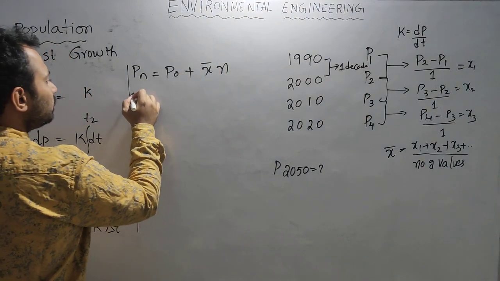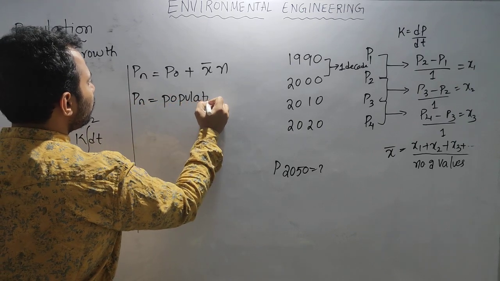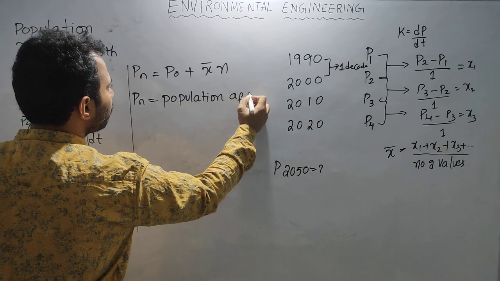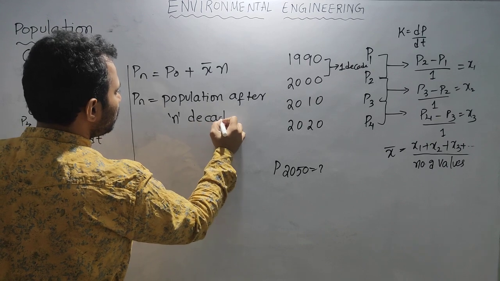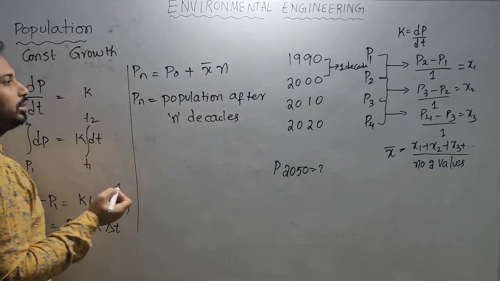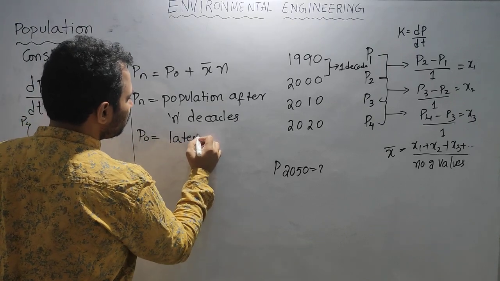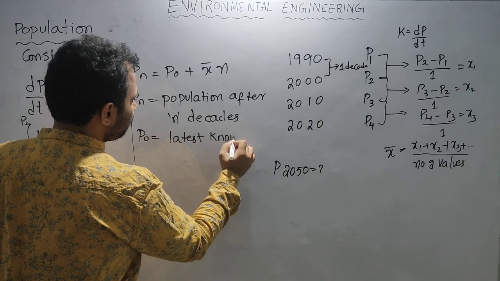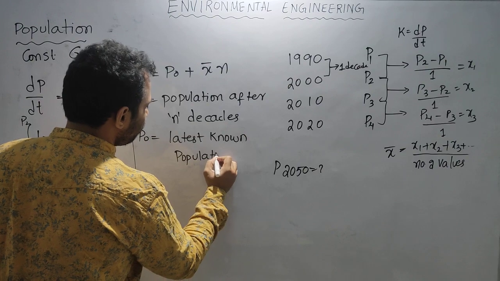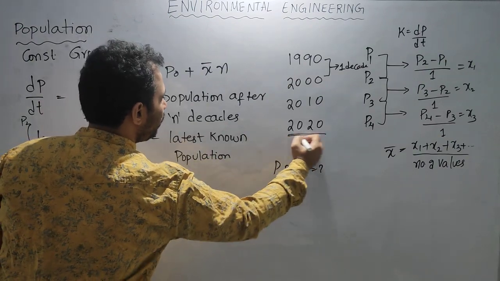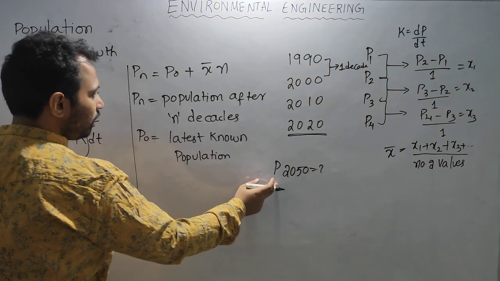So this Pn is the population after n decades. P0 is the latest known population. So here in this case it is 2020. The latest known population is 2020, and Pn is the population after n decades.